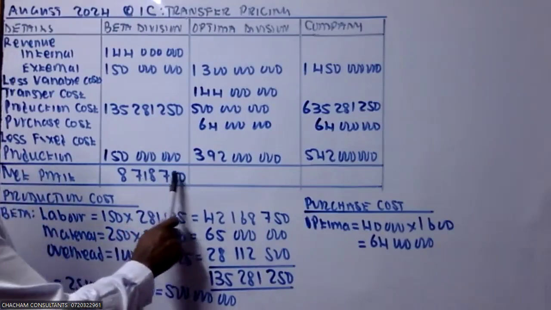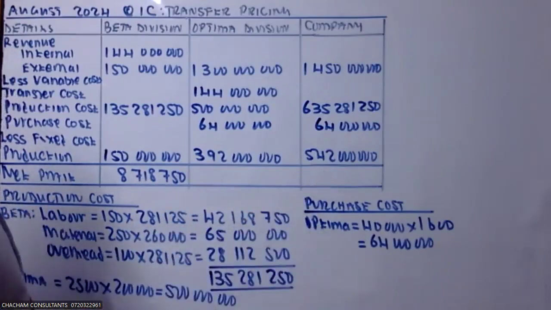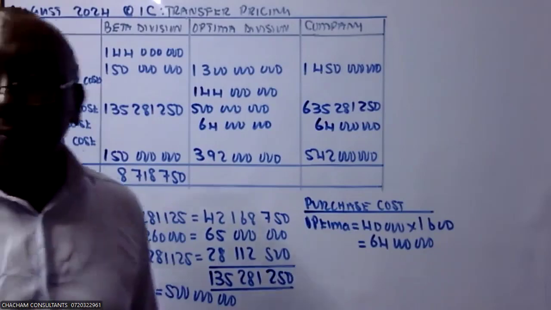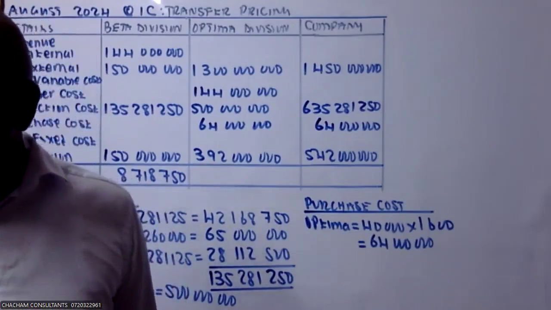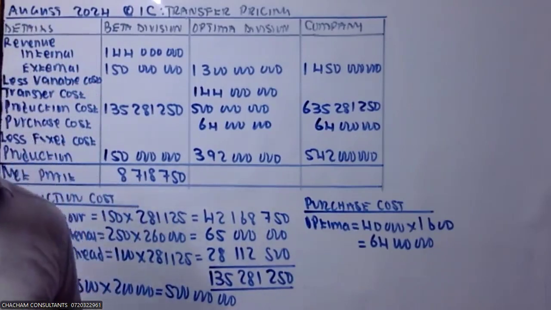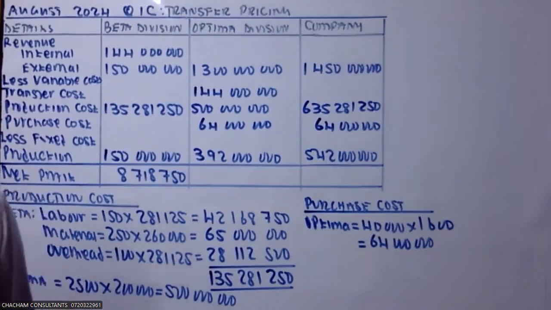The profit of Beta plus the profit of Optima should be equal to the profit of the company. Confirm whether that is true.